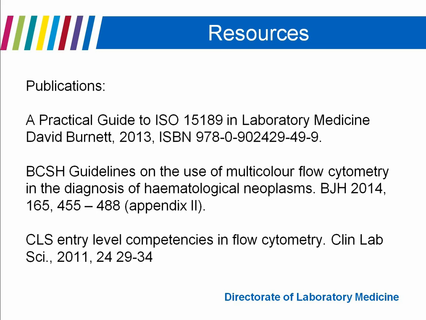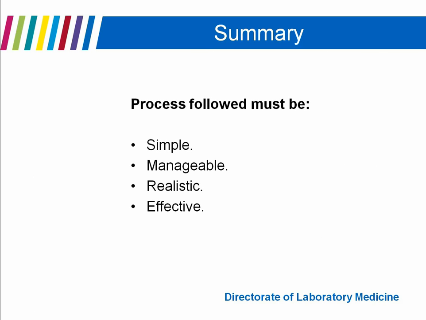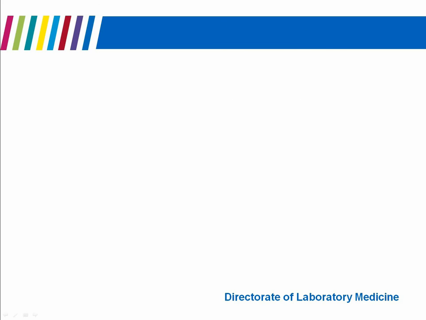And then there's, dare I say, I've Googled competence assessment flow. There's just one paper that seems to recurringly come up as covering flow cytometry. So whatever process we follow, it must be simple, manageable, realistic, and effective. At that point, I'll end, and any questions?